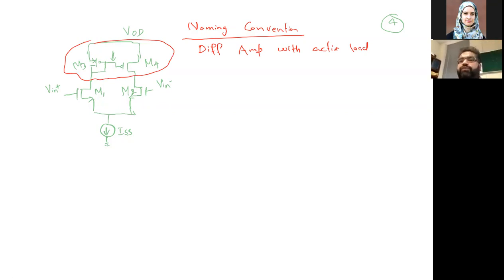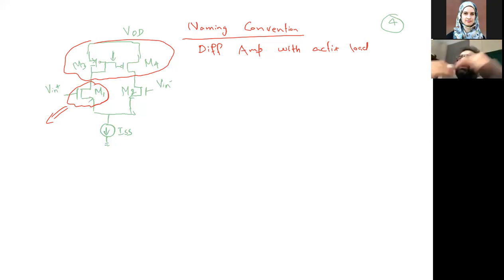M3 and M4 form a current mirror, but this time it's not acting like the current mirror which we use in a normal topology, meaning we are not feeding a constant current. This current is being changed or governed by this M1. So M1 can go up, M1 can go down, and because of that variation, which happens because of being plus and being negative, the current will go up and down.